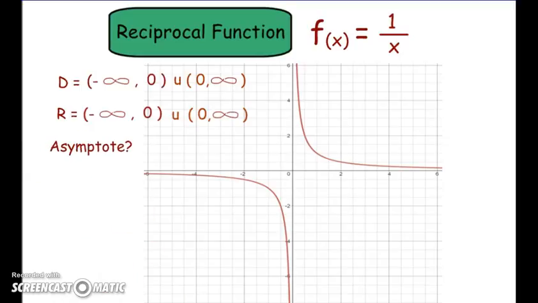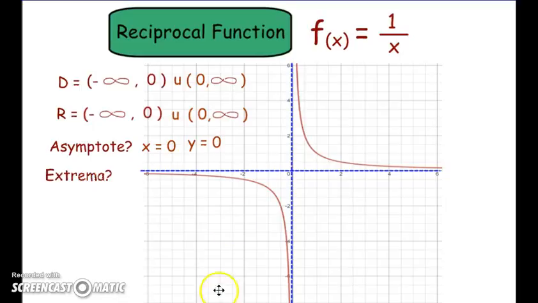Well, clearly we can see 2 of them. There's a vertical asymptote at the y-axis, and a horizontal one at the x-axis. So we say at x equals 0, that's the vertical asymptote, and at y equals 0, that's the horizontal asymptote.